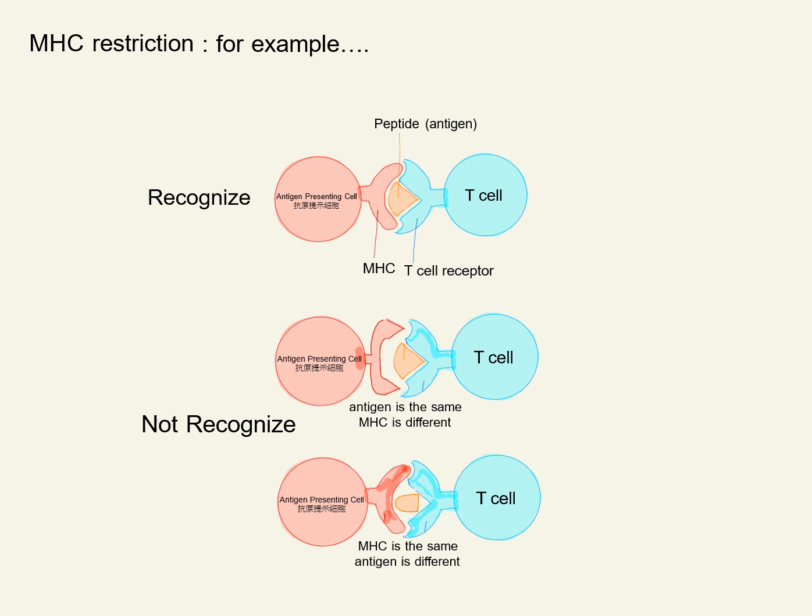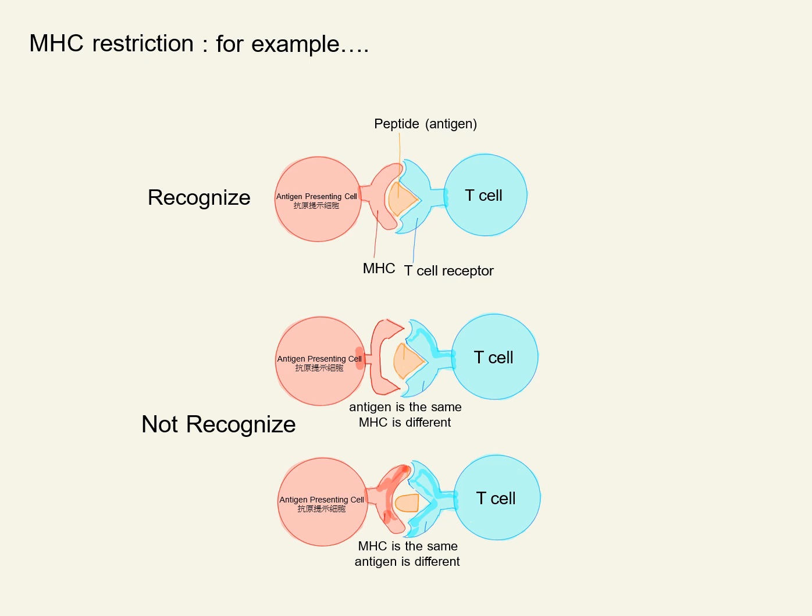Antigens are presented on the cell surface. When a suitable TCR combines and recognizes it, cells are activated and an immune response occurs. This phenomenon is called MHC restriction. Here, an immune response occurs due to MHC restriction.